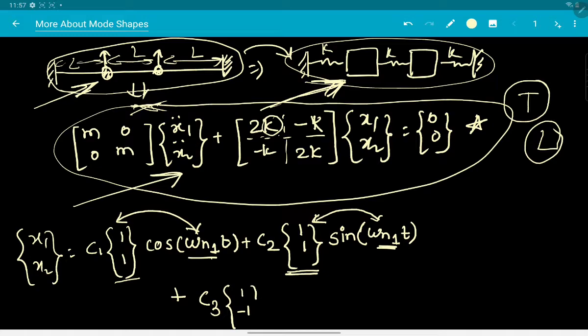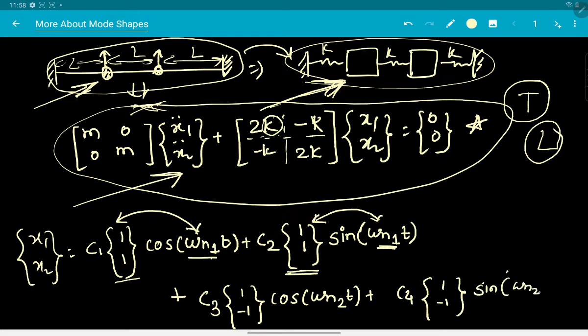The second mode shape was like this: 1 minus 1 cosine of omega n2 t plus c4 times 1 minus 1 sine of omega n2 t. Okay, so you have sine and cosine terms of frequency omega n1 and omega n2 contributing in giving you displacements x1 and x2.